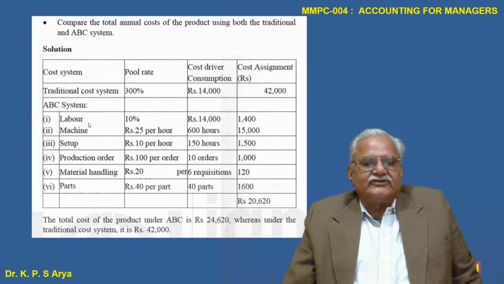Material handling charges, rupees 20. Pull rate, 6 revisions, total rupees 120. Parts, rupees 40 per part, 40 parts, total cost 1,600. So the total under the ABC system is 20,600. The total cost of the product under ABC is 24,620, whereas under the traditional cost system it is 42,000. So there is a saving of around 20,000 in the ABC system.